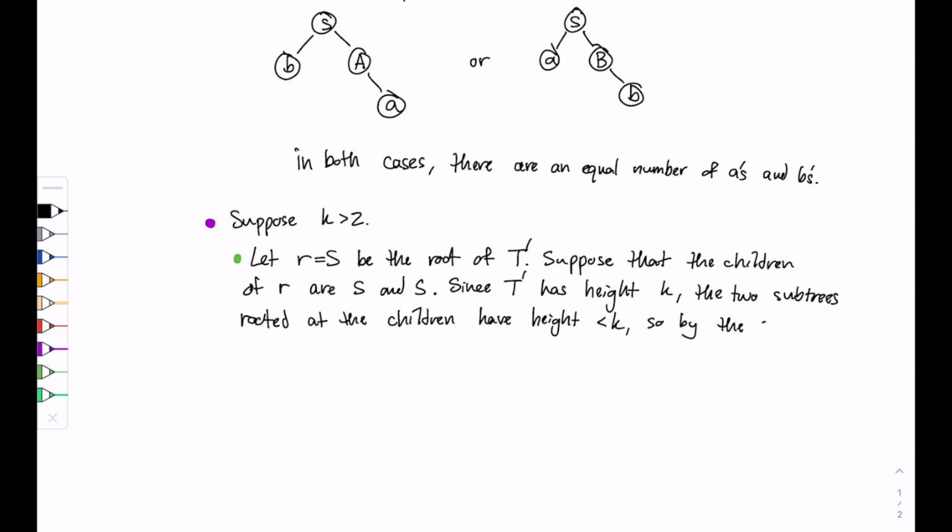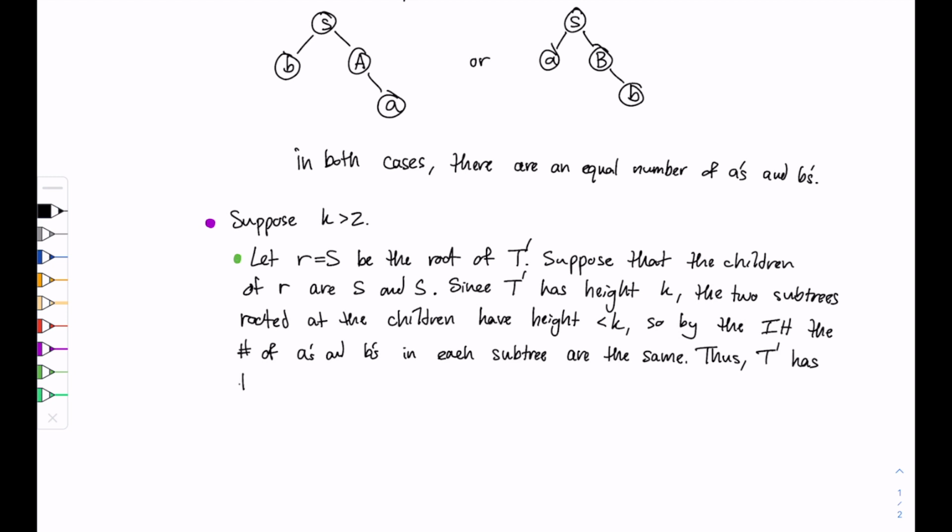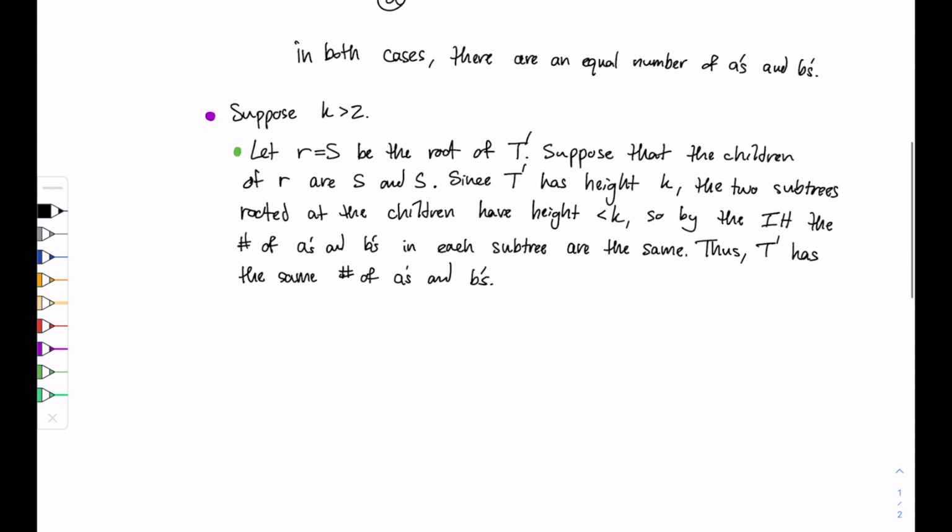So by the inductive hypothesis, the number of A's and B's in each subtree are the same. So thus, T prime has the same number of A's and B's.